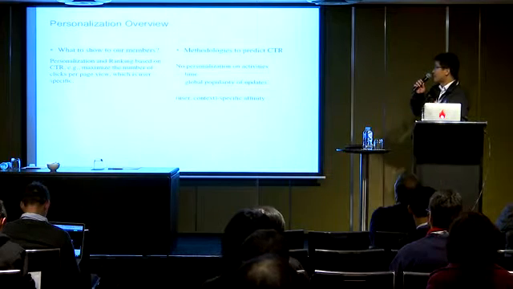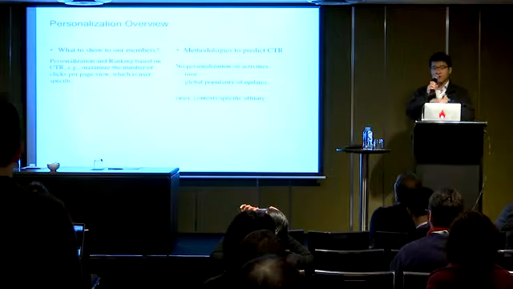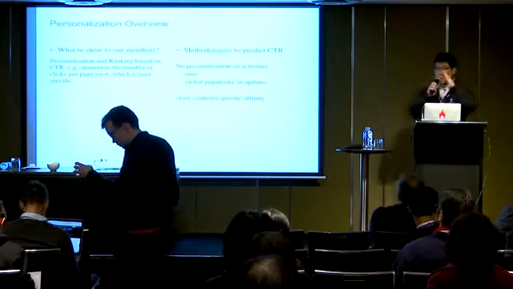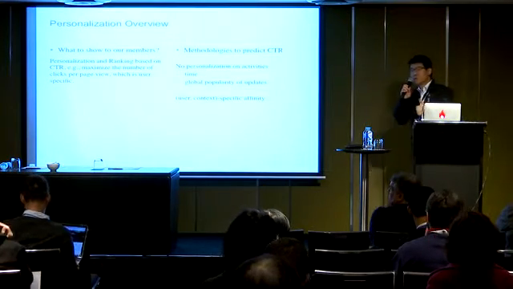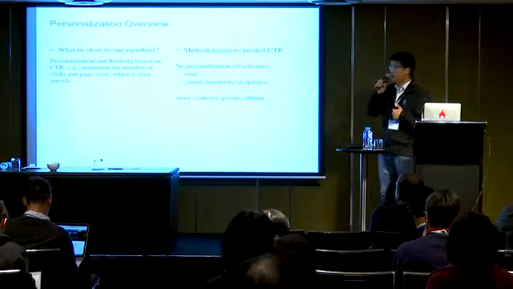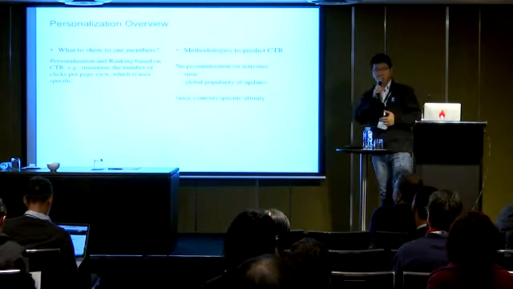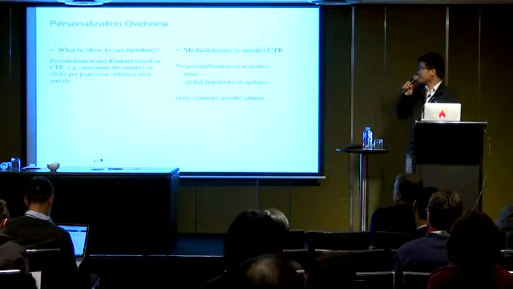We can have different methodologies to predict CTR. For example, we can have no personalization at all and simply rank all the feed by time, or rank the feed by the global popularity of the updates. Of course, we can also do the user context specific affinities. I'm going to cover these three one by one in the next slides.